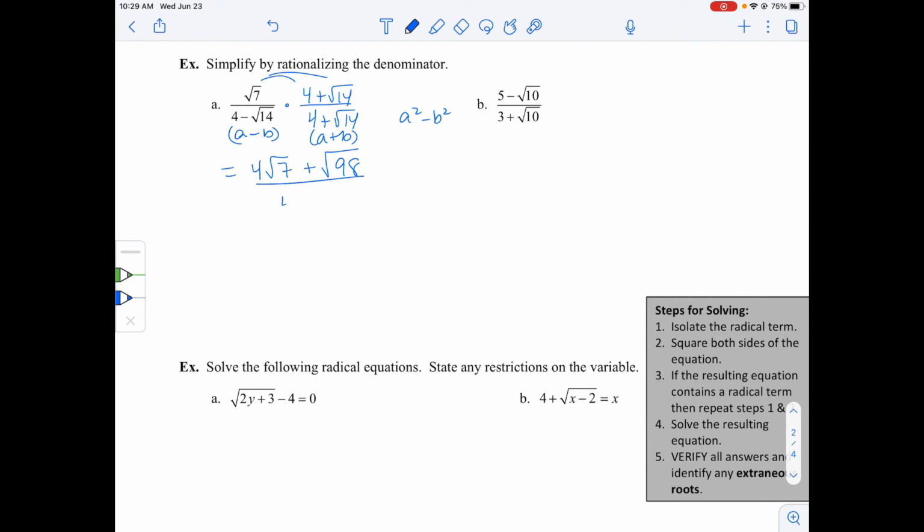So our shortcut is that this is 4 squared minus square root of 14 squared, which is 4 root 7 plus 7 root 2, because 98 is 49 times 2, all over 16 minus 14, which is 4 root 7 plus 7 root 2, all over 2.